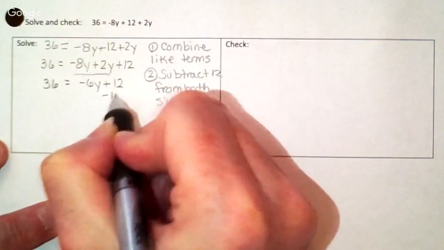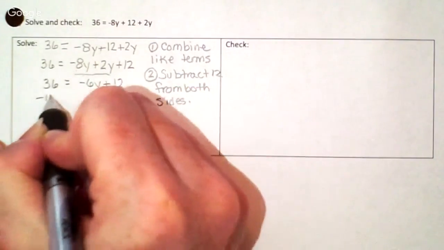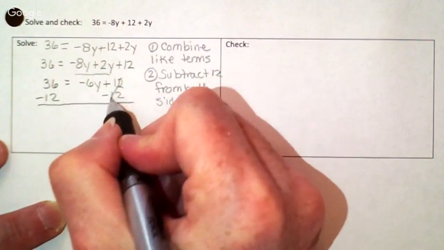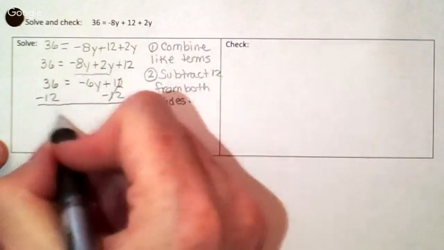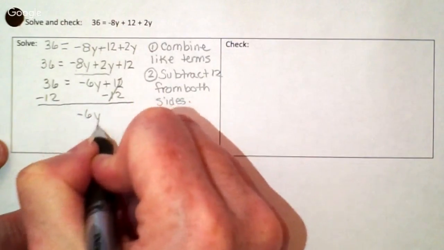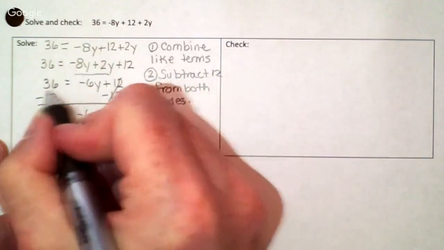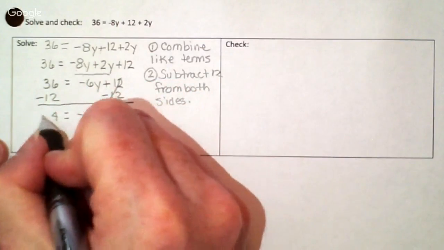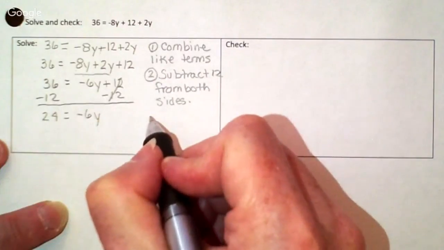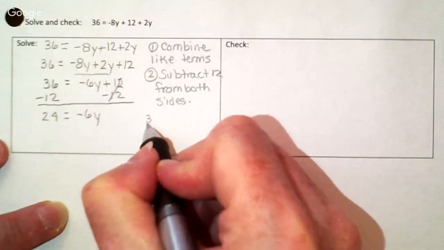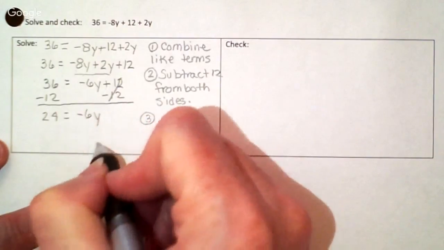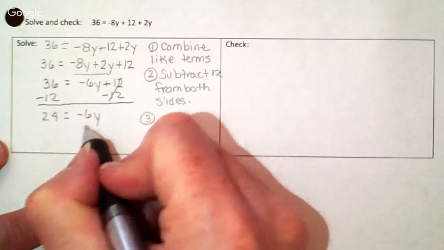So we're going to subtract 12 from both sides. This goes to 0 because they are exact opposites. So on the right-hand side, we have negative 6y. On the left-hand side, we have 24. And then for our third step, because a number next to a letter means to multiply, its inverse is to divide.